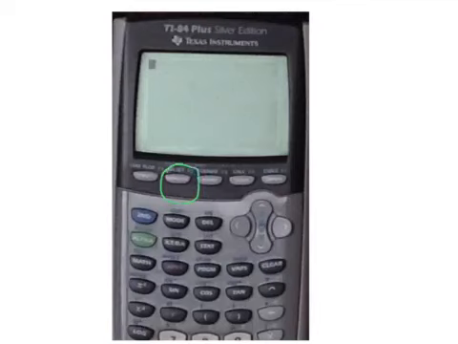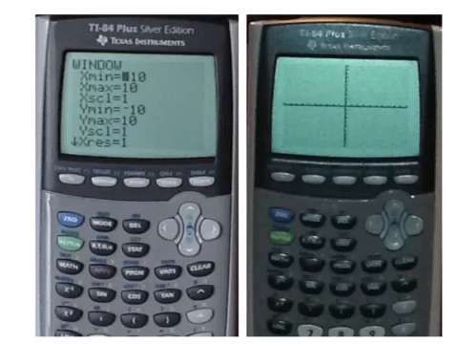And we're going to look at the window key. Press the window key, it brings up the information about the window. So let's go back. Just in regular, you've reset your calculator.